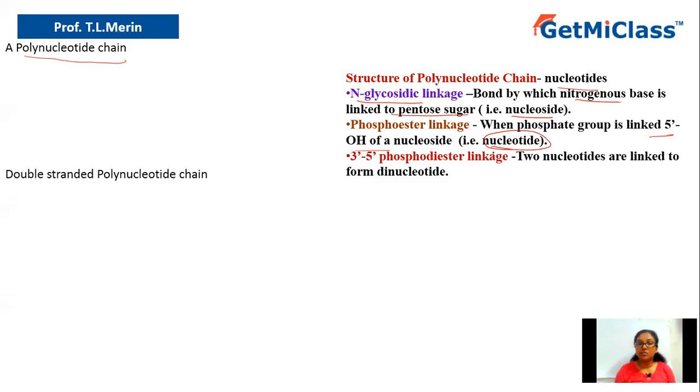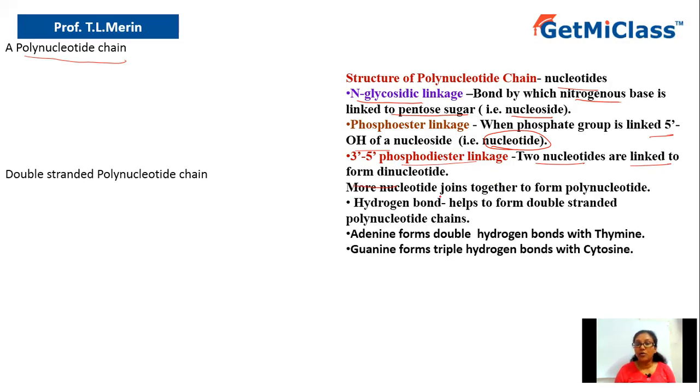Now, you also have the 3' to 5' phosphodiester linkage, where two nucleotides are linked to form a dinucleotide. Of course, every nucleotide has to bind with another one, right? And in this direction they bind, that is 3' to 5' phosphodiester linkage.